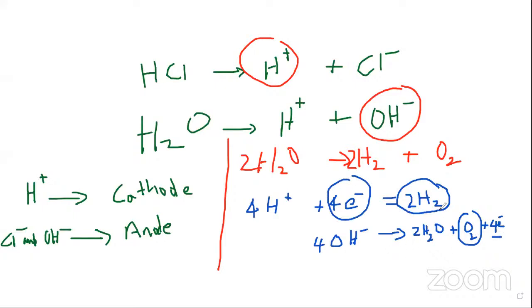That is why the volume of hydrogen is always twice, if you're electrolyzing a dilute solution. The hydrogen to oxygen ratio is going to be 2 to 1. All right? 2 to 1.